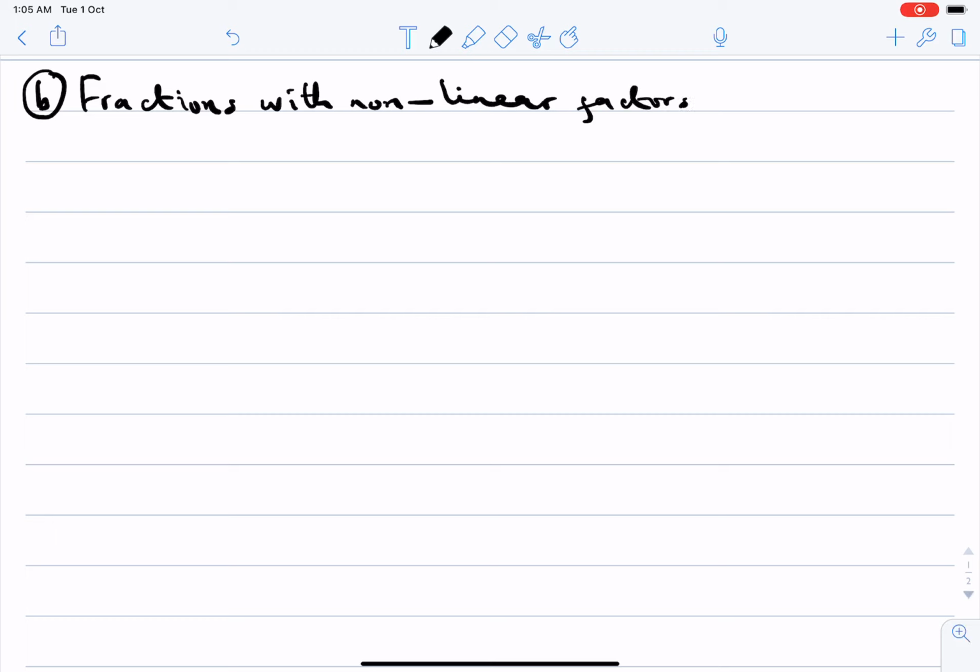We call that type B: fractions with nonlinear factors that are not repeated.